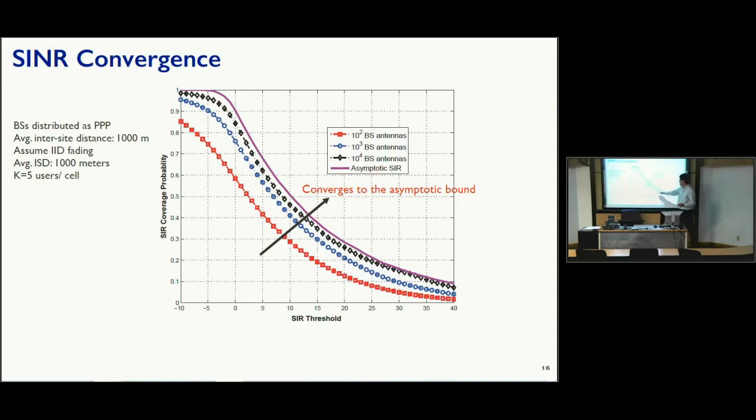We show that even though we have 10,000 base station antennas, there is still some gap between the asymptotic SNR curve and the finite antenna SNR curve, and this motivates us to look for SNR analysis for massive MIMO with finite antennas in future work.